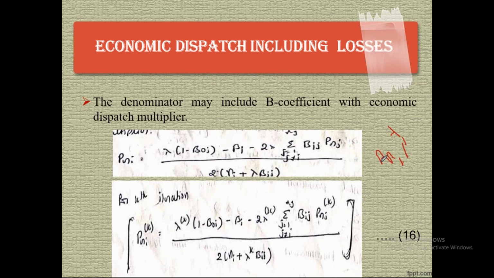You have to know these formulas also. After finding that, you have to satisfy the energy balance equation. If it is not satisfied, you have to update the lambda value by using delta lambda. So these are the formulas you have to know. In this case, we already found the lambda equation and the Pg1 equation. Now we have to find delta lambda.